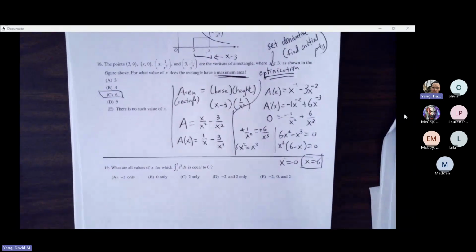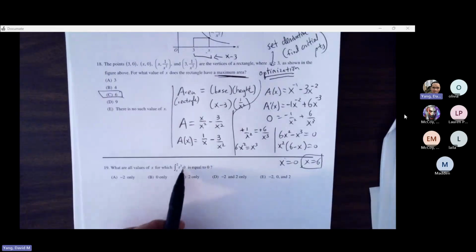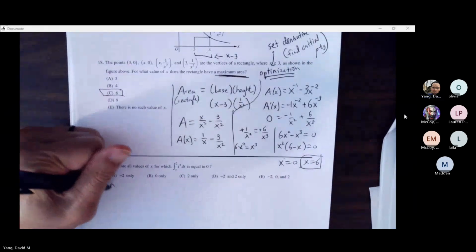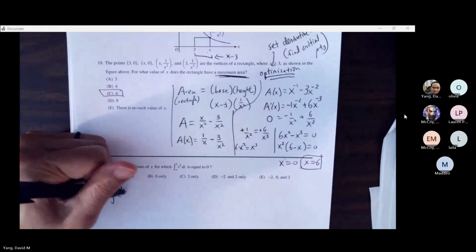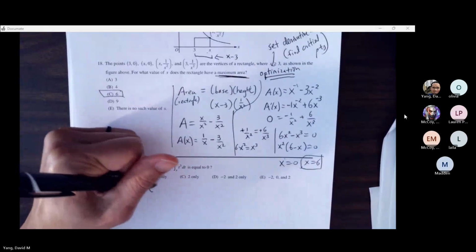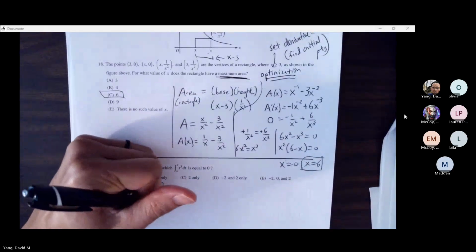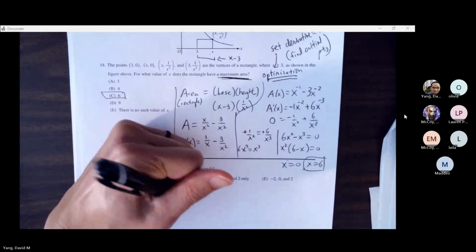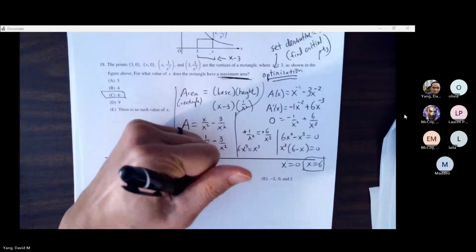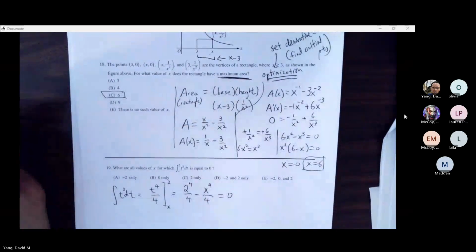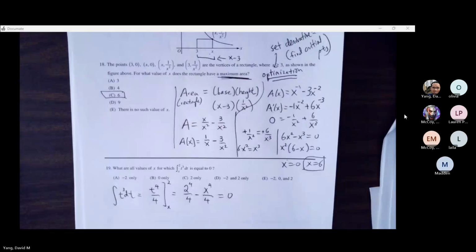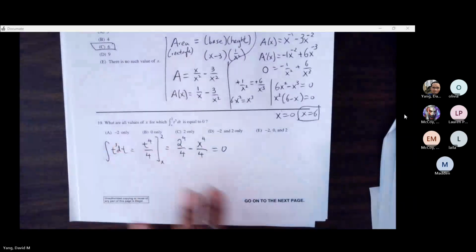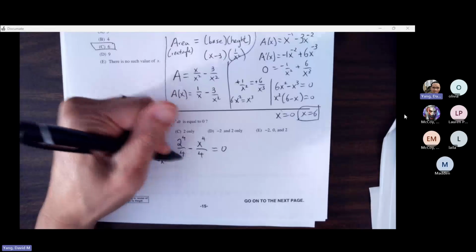What are all the values of x for which the definite integral is equal to 0? So we'll find the antiderivative, set equal to 0, and then we can algebraically solve for x. 16 over 4 is 4.